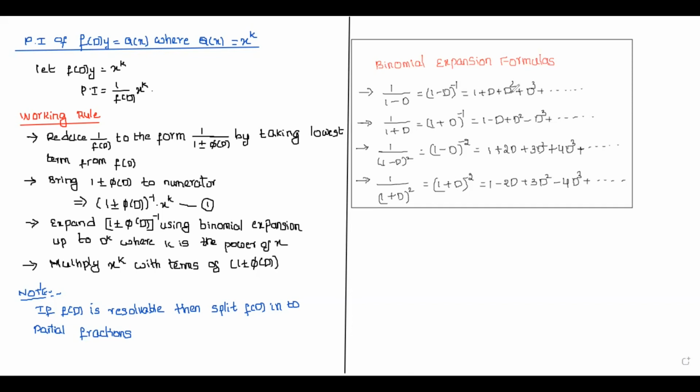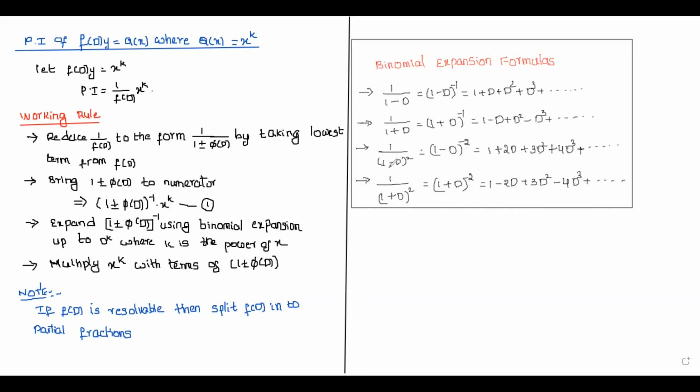And 1/(1 + D) = (1 + D)^-1, which takes the form 1 - D + D^2 - D^3, alternating plus and minus, if plus is inside and minus is in the power.